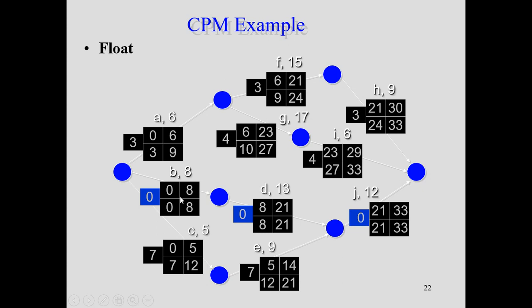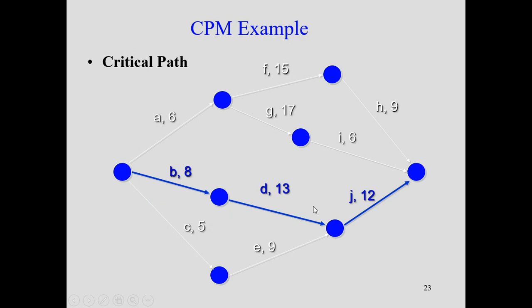And since these are the critical activities, this particular path is called the critical path. So by connecting the nodes B, D and J, we'll get a path. That path is called the critical path. So this shows that these activities are critical. Any delay in these activities is going to make the whole project delayed by some amount.